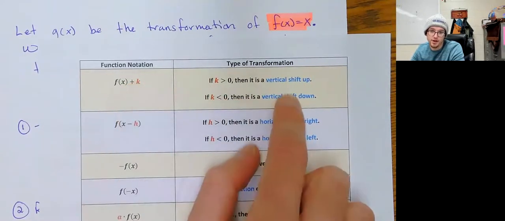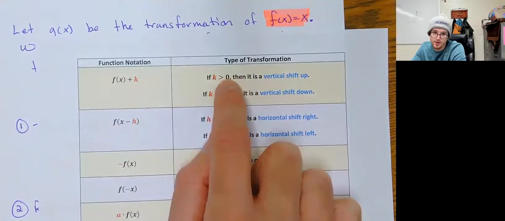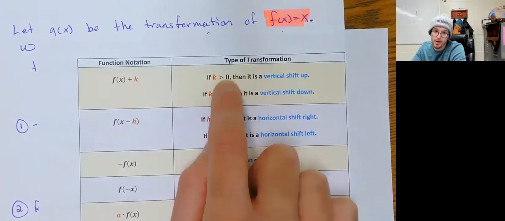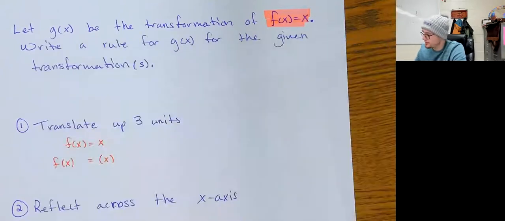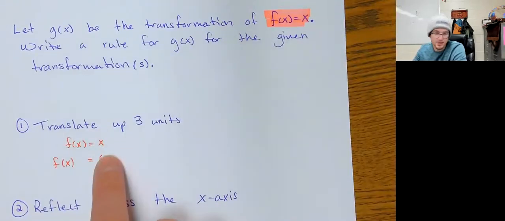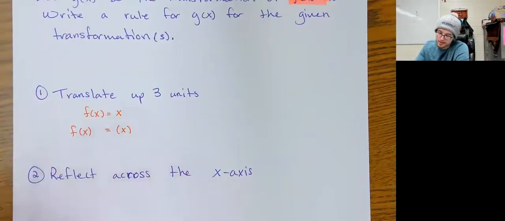A vertical shift up or a translation up means that I am adding a positive value, greater than 0, to the entire function. So it just so happens that my entire function is just x. So I put parentheses around just x. Not necessary for this specific problem, I know, but it's a good habit to get in.